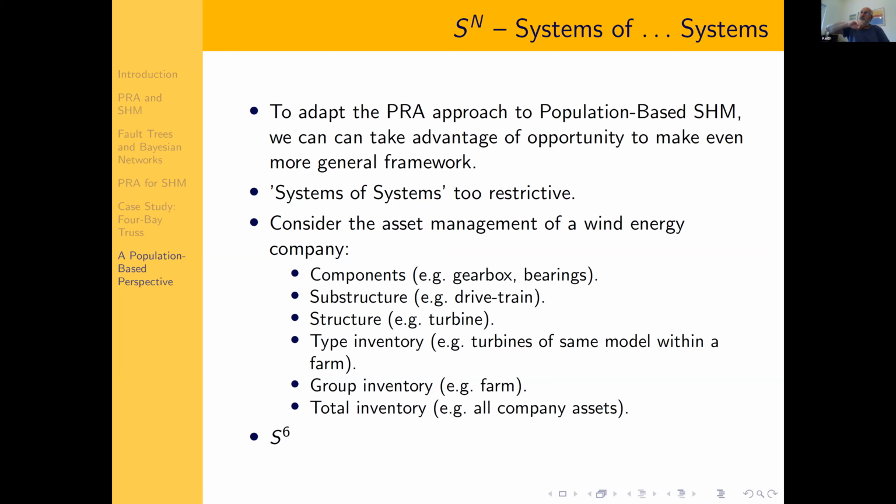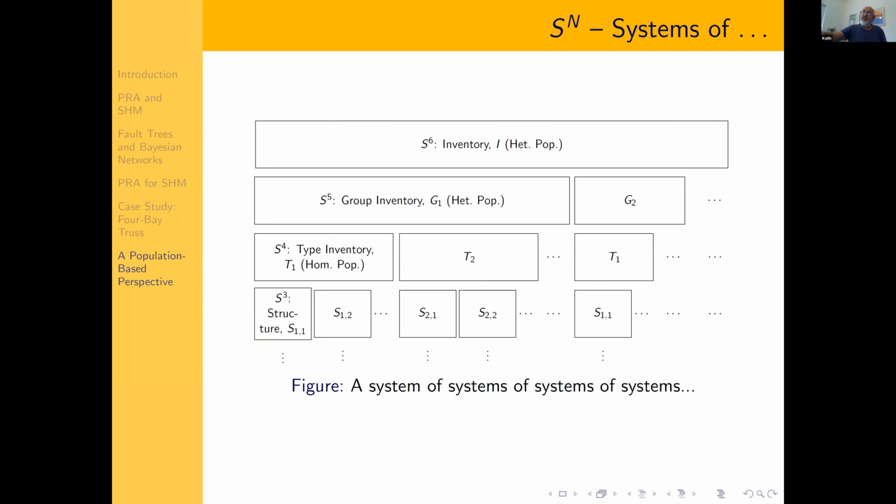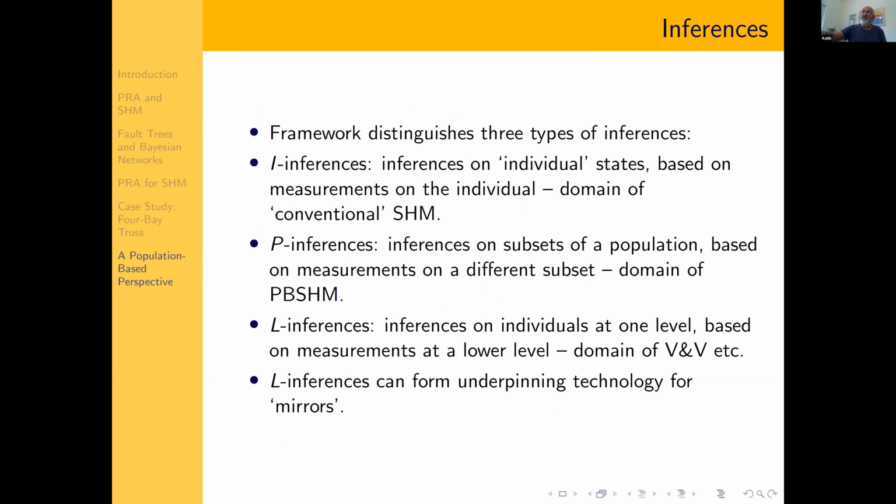Now this brings us to the general ideas of systems, but if we're talking about something like all of the wind farms that a company owns, and the smallest unit that can go wrong is a gearbox or a bearing, we actually need a system of systems of systems of systems of systems of systems. But I will not dwell on this.